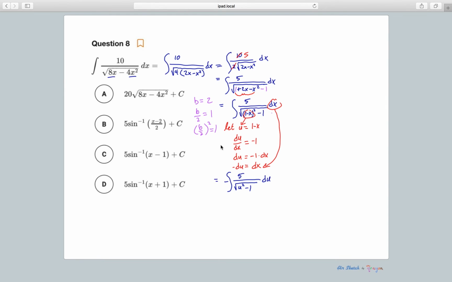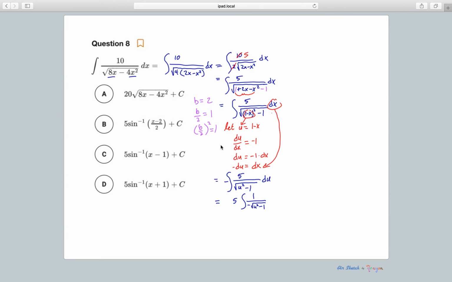And there's also that negative that came along with it, so I'll put that out front. All right, I can take out the 5. And that'll make this a little bit more recognizable. I'm actually going to put the negative here. So I'm going to put it down here. 1 over u squared minus 1.